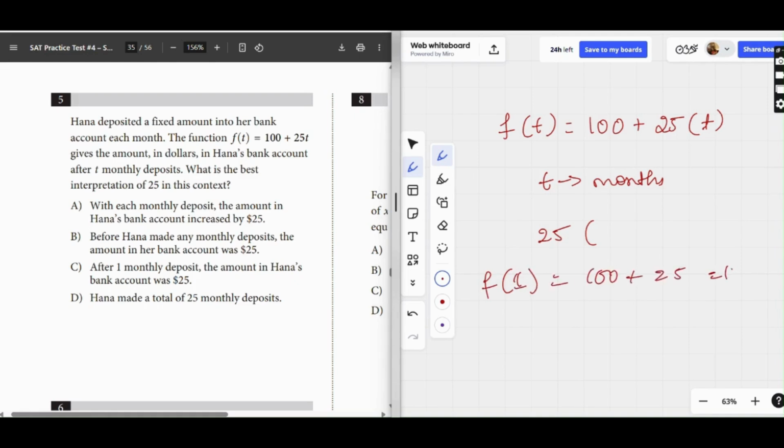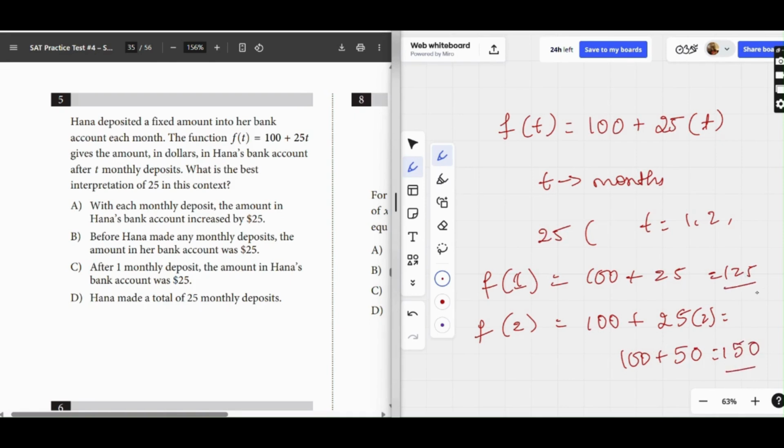For the first month, f of 1 equals 100 plus $25, which is $125. f of 2, representing the second month because t represents the time interval in months, is 100 plus 25 times 2, which is 50, so 100 plus 50 is $150. So her amount is getting increased as a multiple of 25.